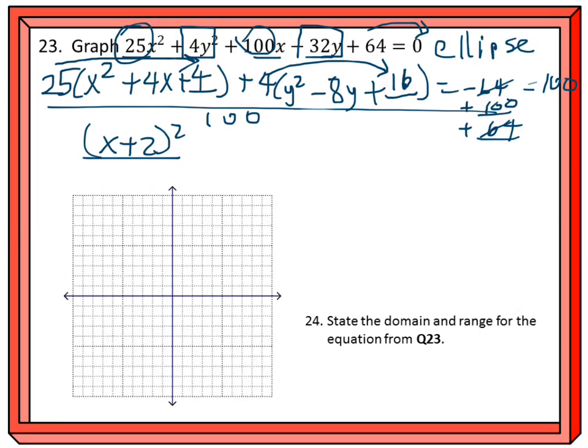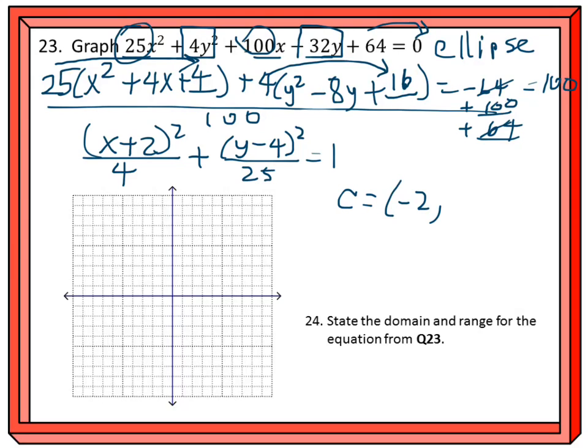The 100 is bigger on the bottom, so we're going to have a 4. That fraction reduces to 4. Plus y minus 4 squared. And then 4 goes into 4 one time, equals 1. So I know that my center point here is h and the k, so negative 2, 4.